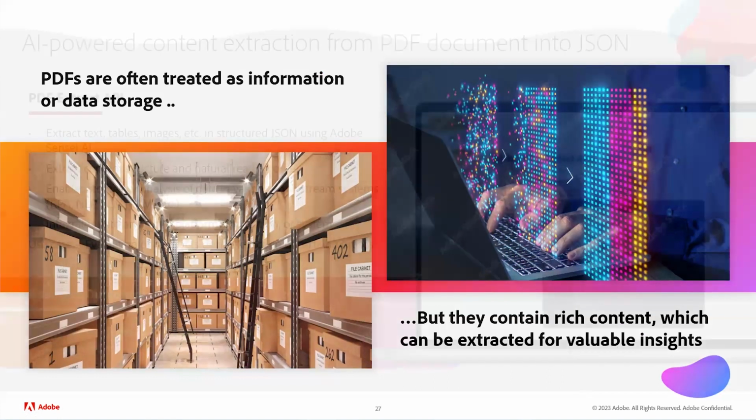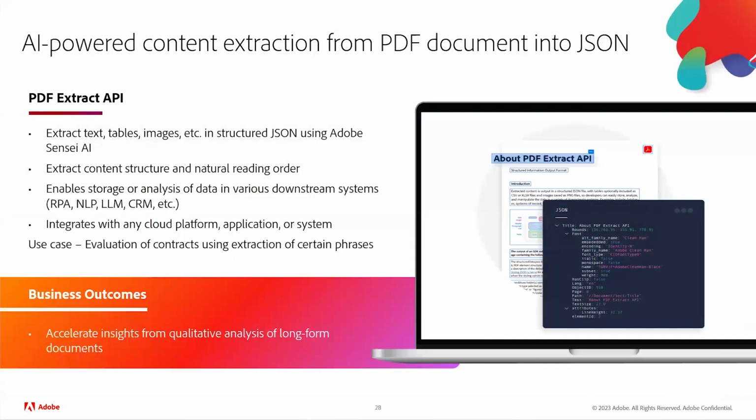Now, how will we extract these valuable insights? To do that, we have these extract APIs. With our extract APIs, we are not just extracting the text, but also the structure that text is in. Is it in headings, paragraphs? Is it in tables? Is it in image format?